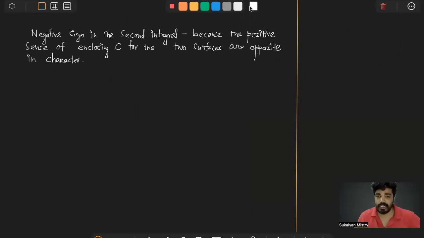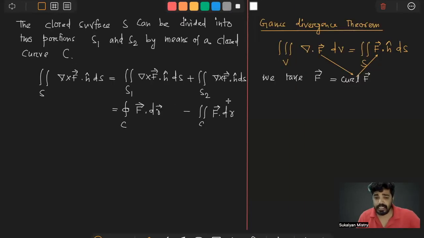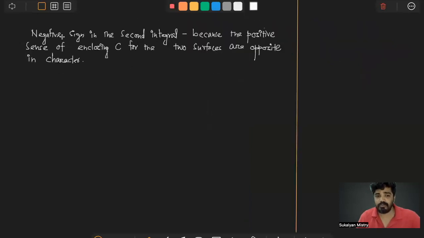That's why we take the negative sign in the second integral. You can write down this point.